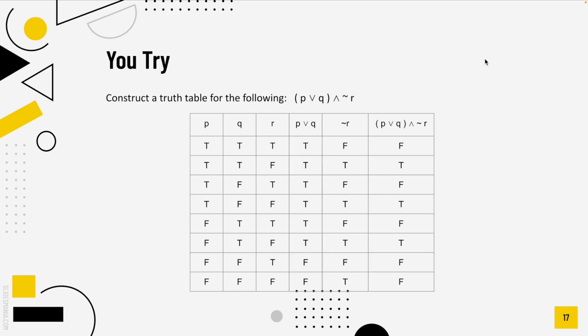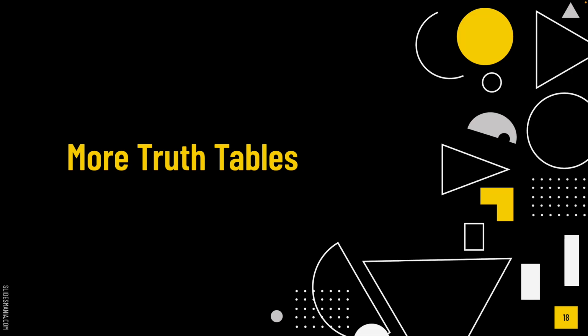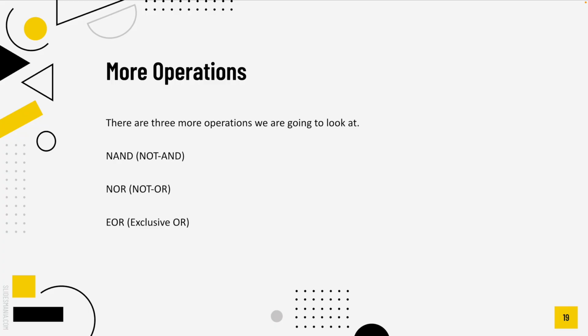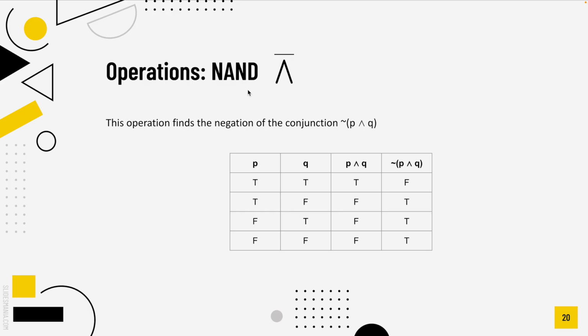So let's look at some more truth tables. We have three more operations we need to look at. We have NAND, NOR, and exclusive or. So our NAND symbol looks like this. It has our AND symbol with a line over top, almost like the complement that we talked about before.